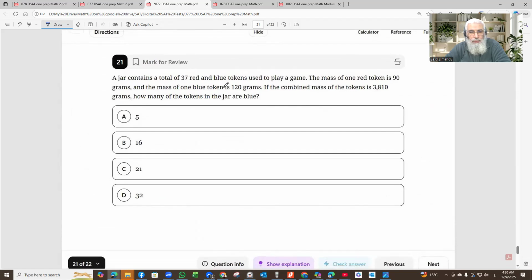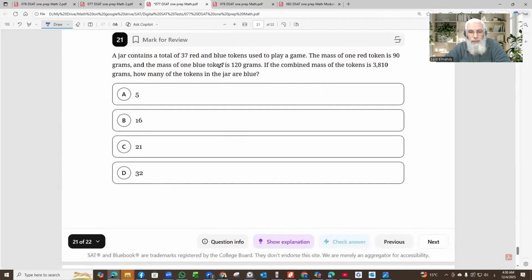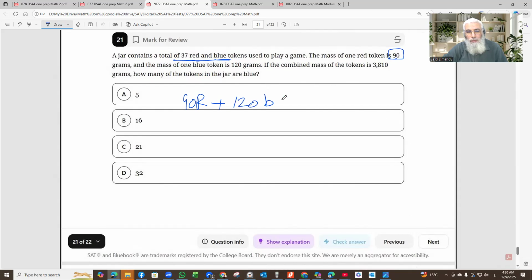A jar contains a total of 37 red and blue tokens used to play a game. The mass of one red token is 90 grams, so we have 90 multiplied by red, and the mass of one blue token is 120, so 120 times blue.